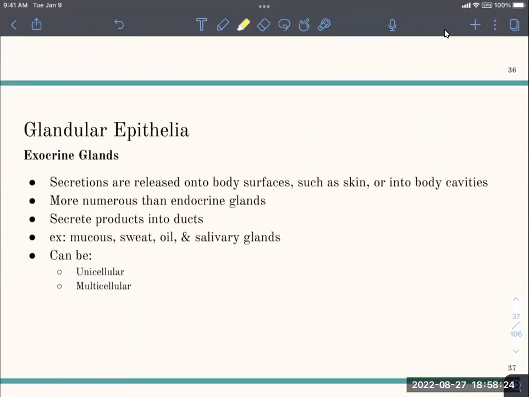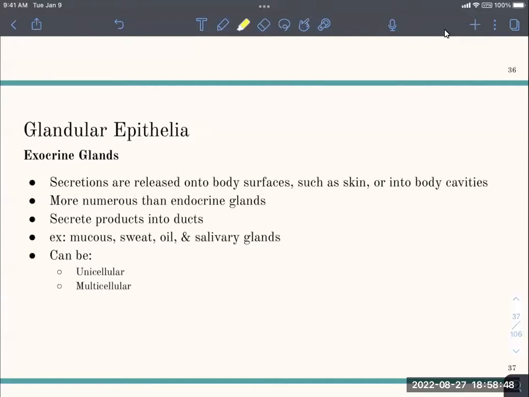Exocrine glands. Their secretions are on the body's surface. So we get sweat, we get oil, we have salivary glands, we have mucus that all gets produced and is excreted through some sort of excretory or exocrine gland.